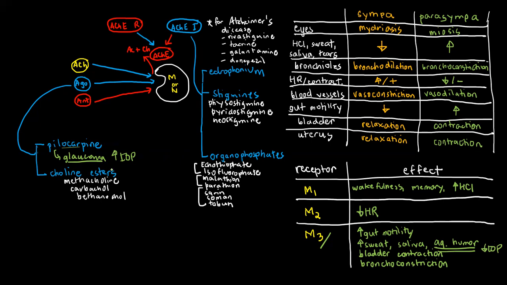For the choline esters, we have methacholine, carbachol, and bethanechol, which are all modified versions of acetylcholine, and they have different uses. Methacholine, for example, is not so much used as a drug, but rather as a diagnostic aid for asthma.